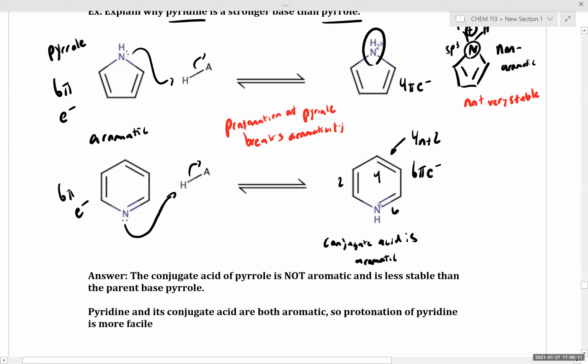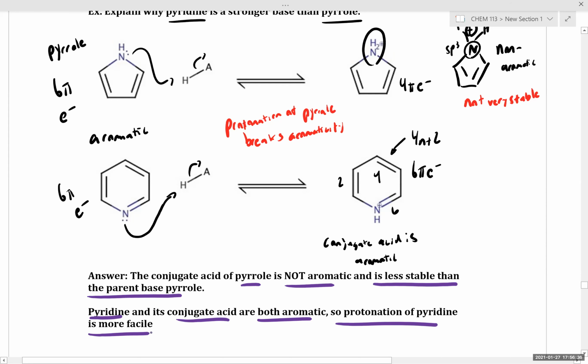The conjugate acid of pyrrole is not aromatic and in turn is less stable than the parent base pyrrole. Pyridine and its conjugate acid are both aromatic, so protonation of pyridine is more facile and it occurs more readily.